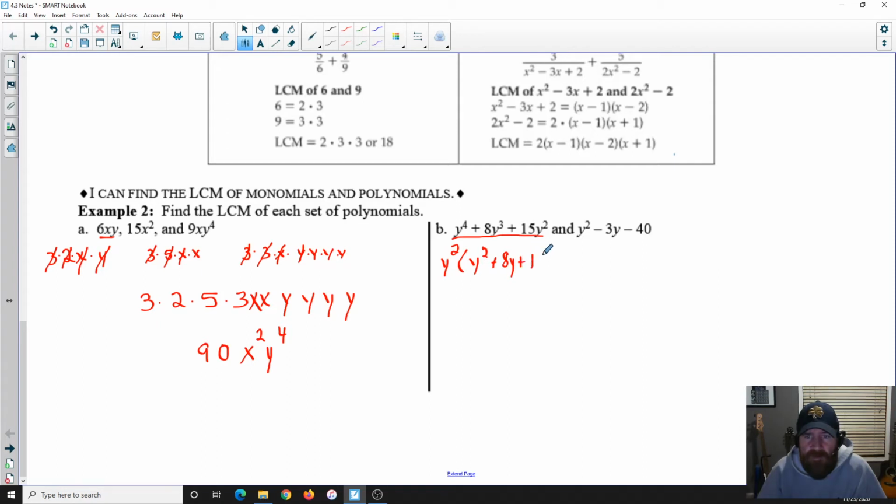So we're left with that. And then we keep factoring because we can factor this here. So we have y plus 3 times y plus 5.